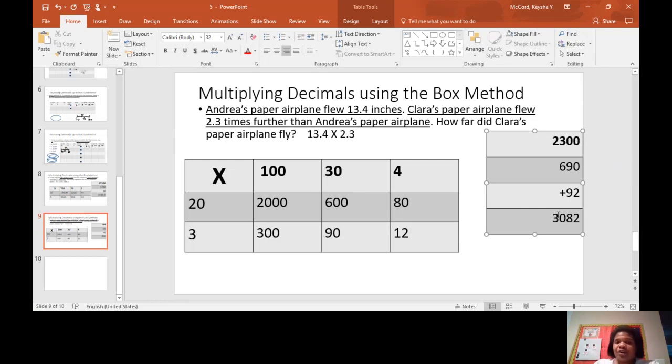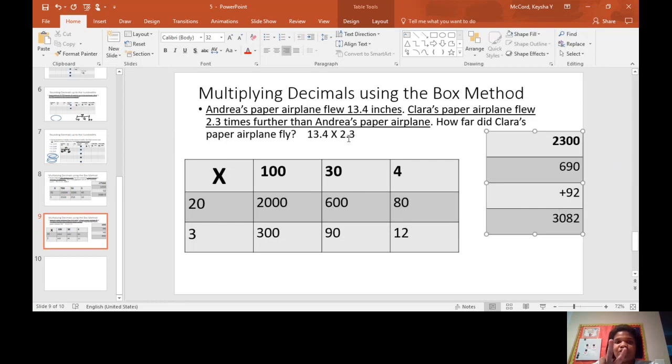Now remember, our numbers have decimals, so I need to bring those decimals back to my final answer. So I'm going to look at all my numbers and see where there's a decimal. 13.4 has a decimal right here, and I'm going to count how many spaces or numbers are behind my decimal. So I'm going to count 1. There's 1 space. I'm going to go to my next number, 2.3. There's 1 decimal place.